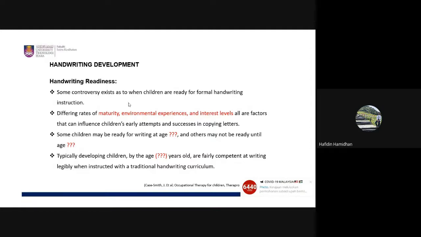Tapi sebenarnya handwriting readiness ni dia dipengaruhi oleh maturity, environmental experiences dan juga interest level kanak-kanak tersebut. Environmental experiences ni adalah merujuk kepada berapa kerap kanak-kanak tersebut melakukan handwriting practices. Some controversy exists.